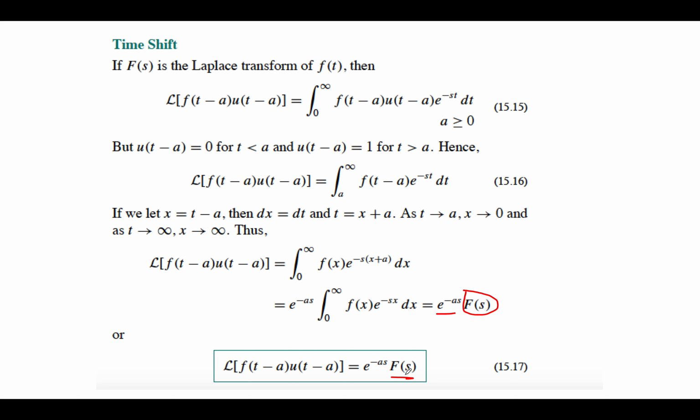So if in the s domain I have some function of s and it's multiplied by e to the minus as, the thing to do there is to temporarily ignore the e to the minus as. Transform the function in the s domain back to the time domain, and then realize that the e to the minus as part is going to introduce this time shift a. So that's what we're going to do there and why this is useful.